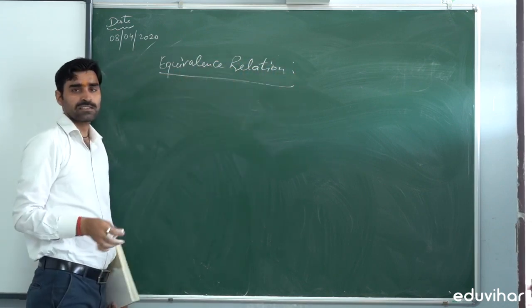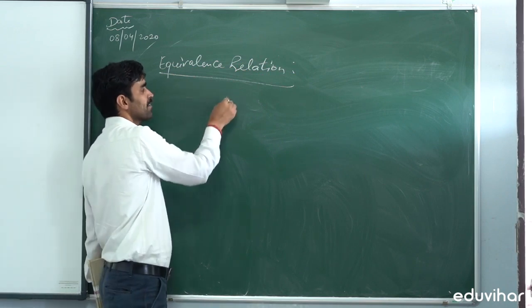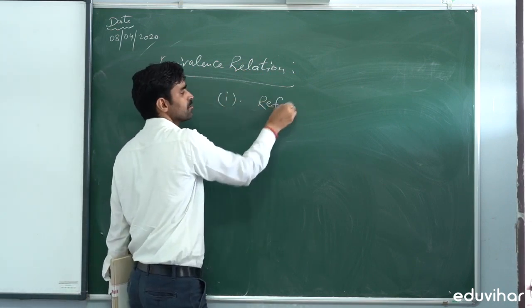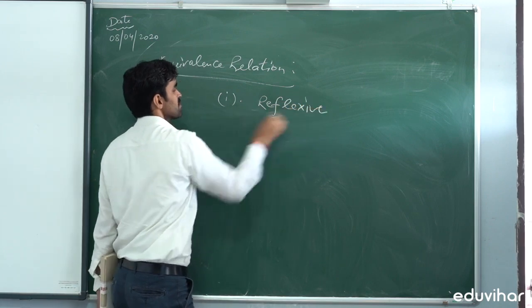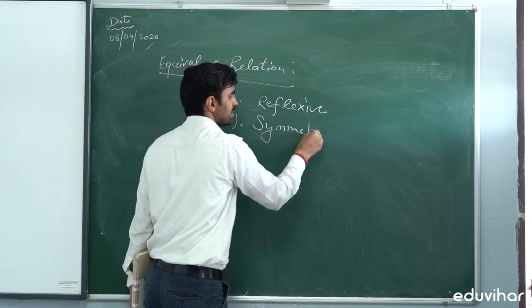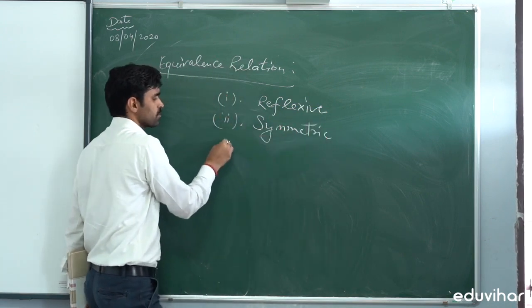It means if we have a relation which is reflexive, second is symmetric, and third is transitive also.